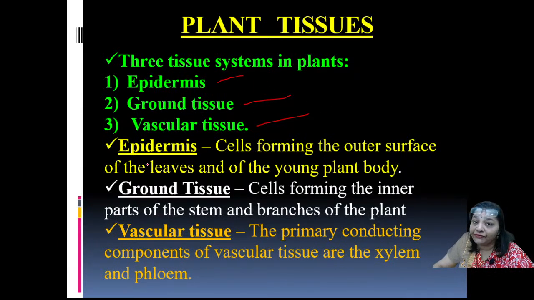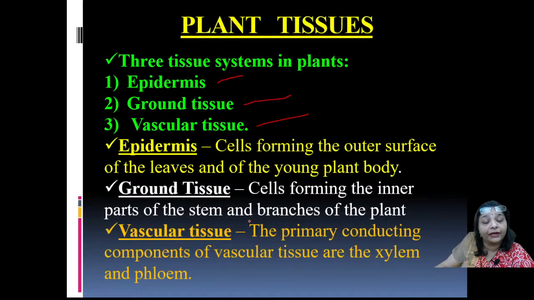Now, epidermis, which I told you is a surface tissue, contains cells forming the outer surface of the leaves and of the whole plant body, okay, whether it is stem, the root, the branches, the flowers, everywhere you can find this surface tissue, right, called epidermis. Whereas the ground tissue, in the ground tissue, the cells form the inner parts of the stem and the branches of the plant.